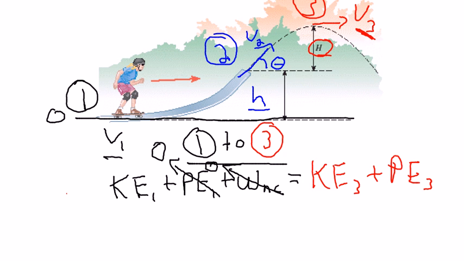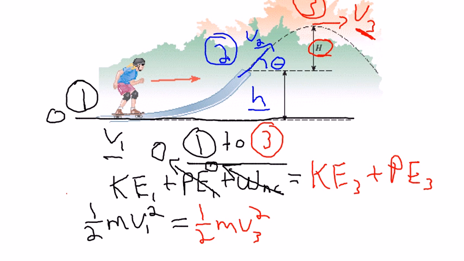And so your equation reduces to your kinetic energy, 1/2 m v1 squared, is equal to your kinetic energy at point 3, that's 1/2 m v3 squared, or excuse me, not v cubed, v3 squared, plus your potential energy at point 3, which is mass times gravity times height.